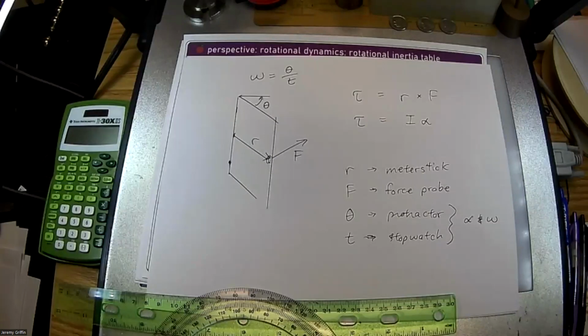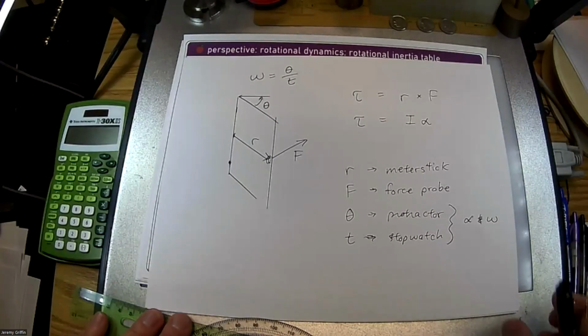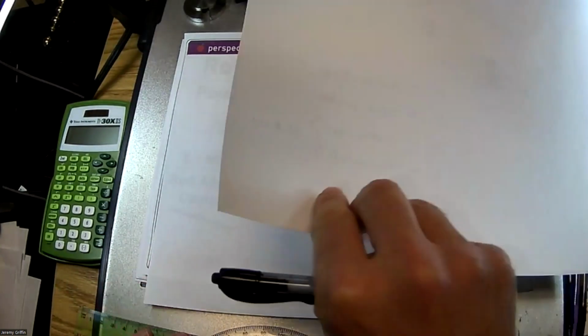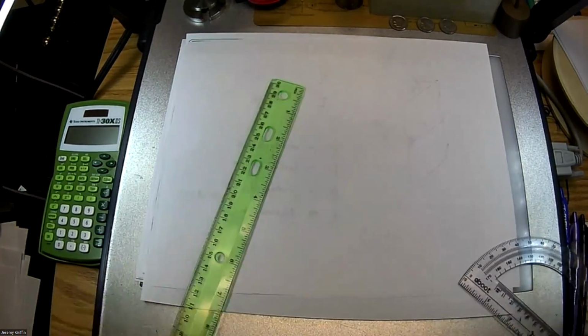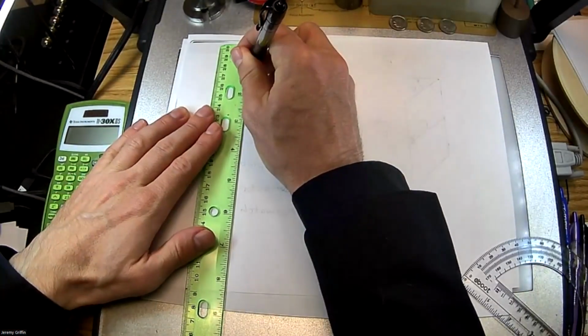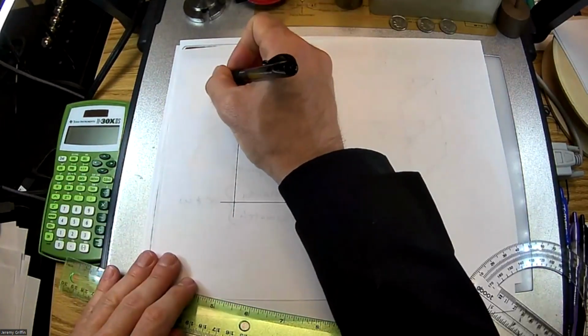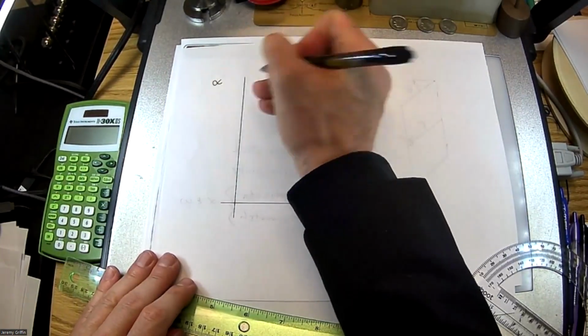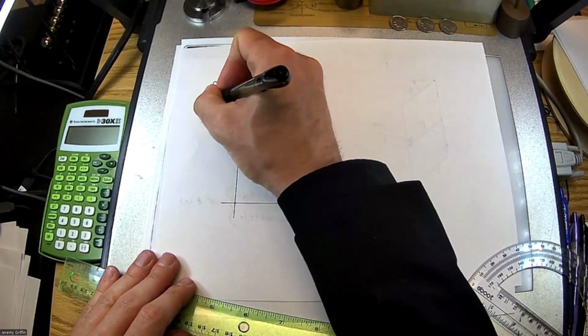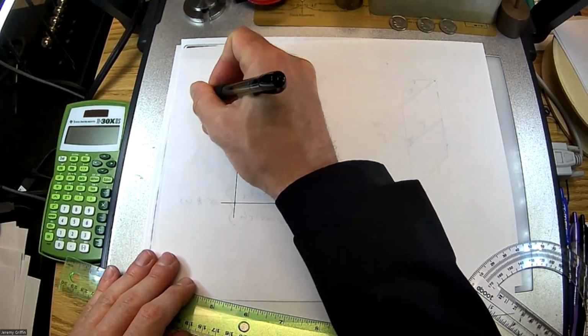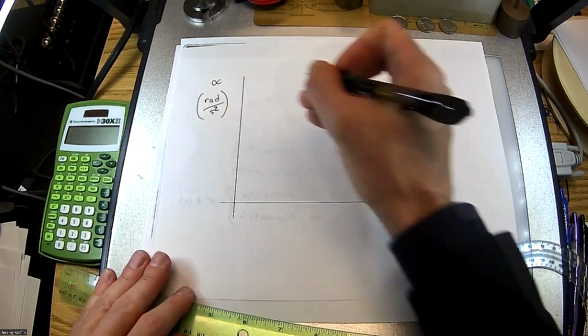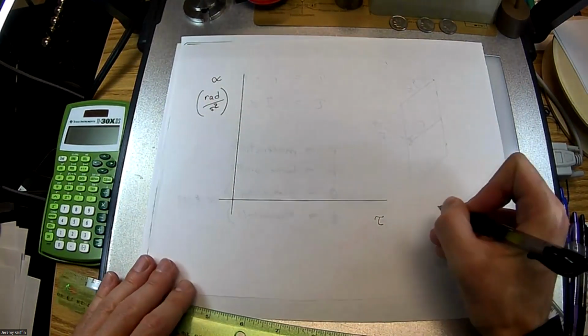So let's bring this over here. They said we're going to graph alpha versus tau. So we're going to put alpha here. That's angular acceleration, which could be in radians per second squared, as a function of different torques.